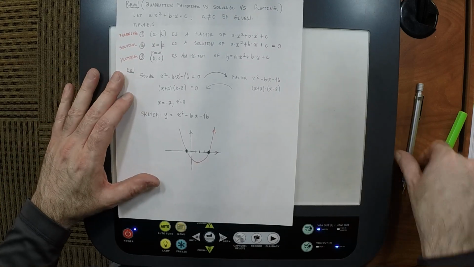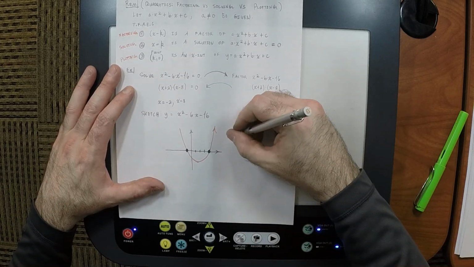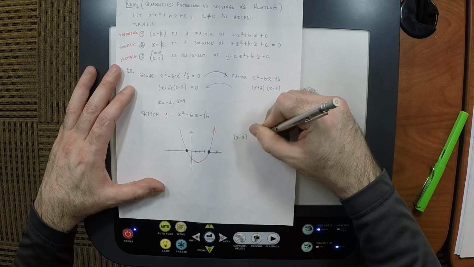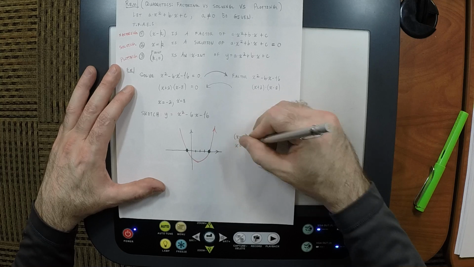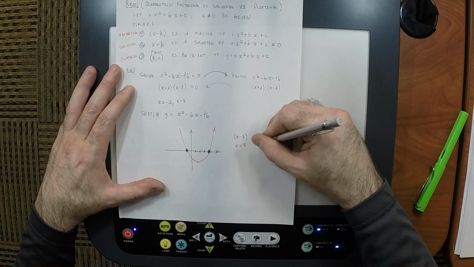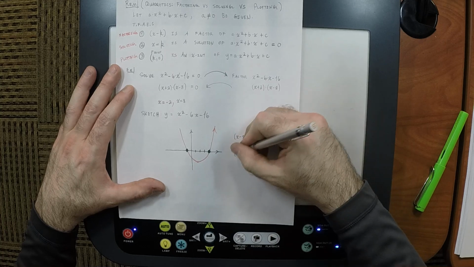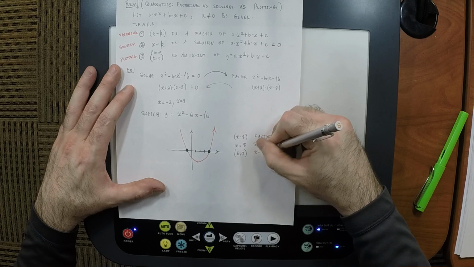So to be clear, these three things. What we're saying is that, for example, on this right side, x minus 8 is a factor. x equal 8 is a solution. And the point 8, 0 is an x-intercept.